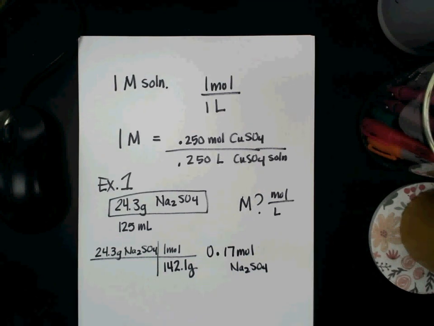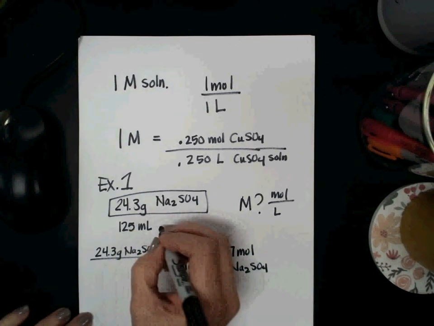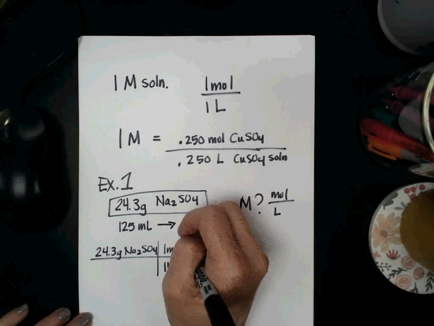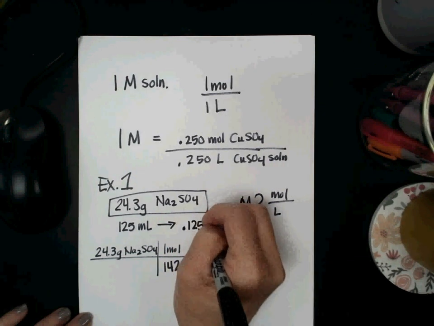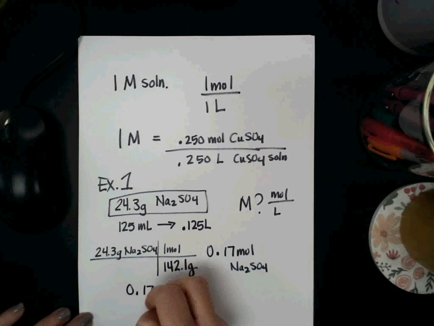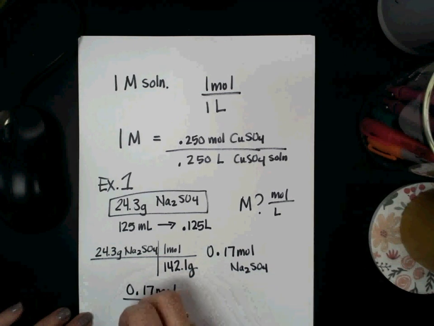Okay, so now I know I have 0.17 moles. I have 125 milliliters, which is how many liters? 0.125 liters. So now I have 0.17 mole in 0.125 liters.